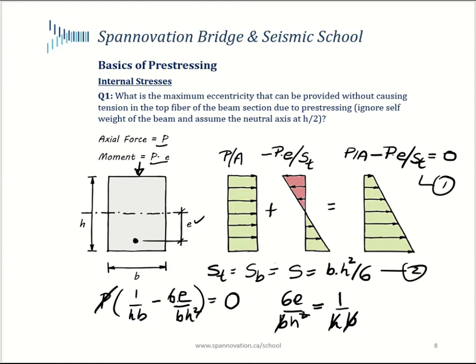I can cancel one of the h's out, and this gives me e is equal to h over 6. So that's what the eccentricity needs to be right at the limit of when the top fiber wants to go to tension. So it's right at that balance point where the stress is 0. If the eccentricity e were to get greater than h over 6, then prestressing would start producing tension in the top fiber.